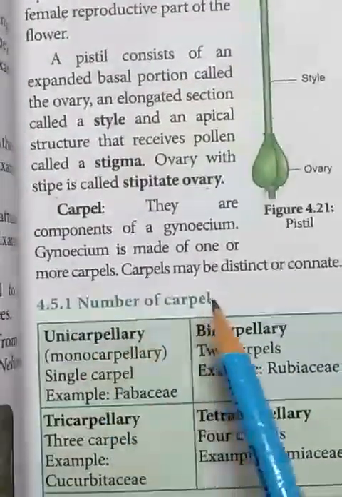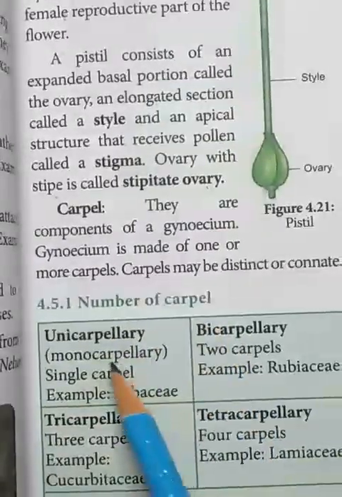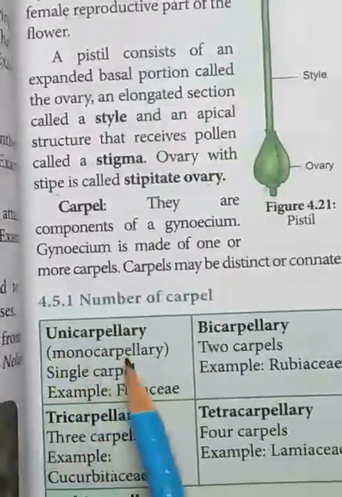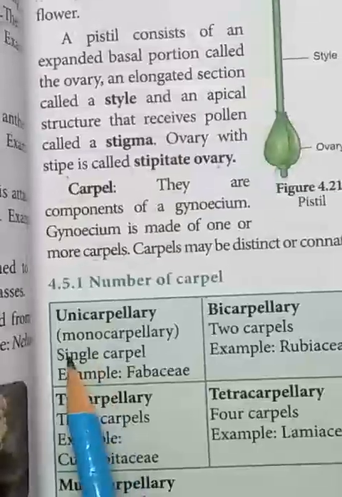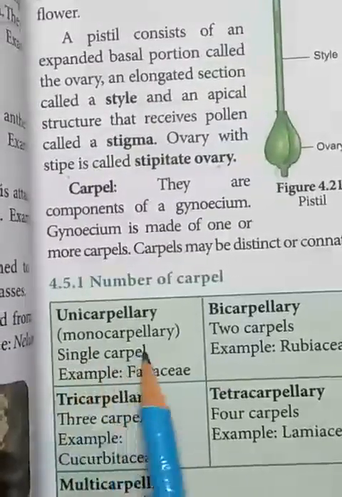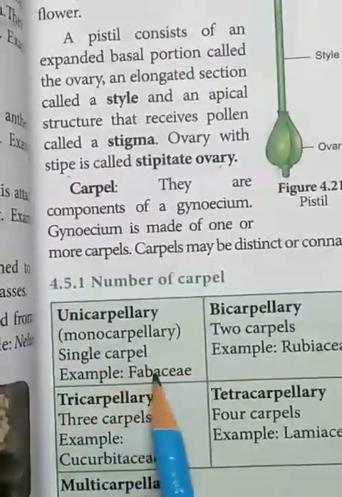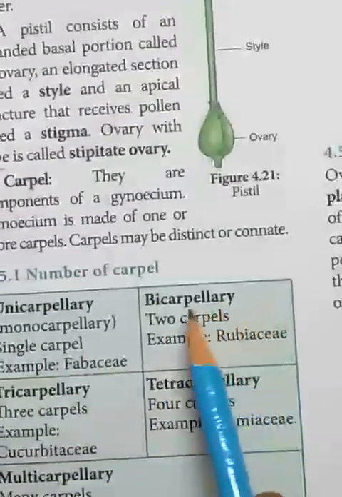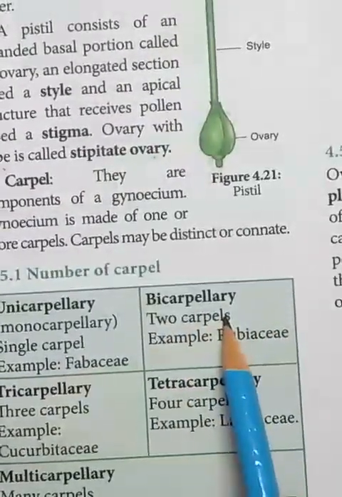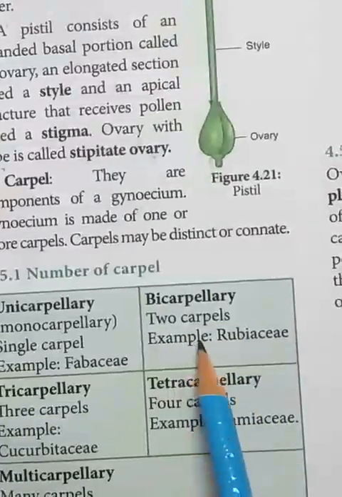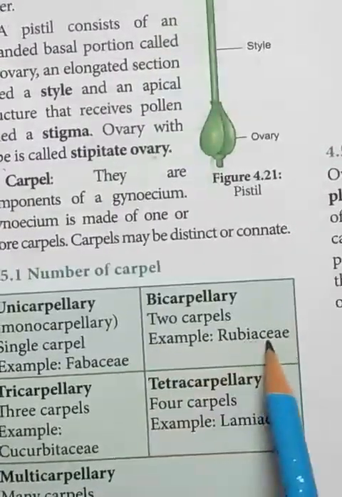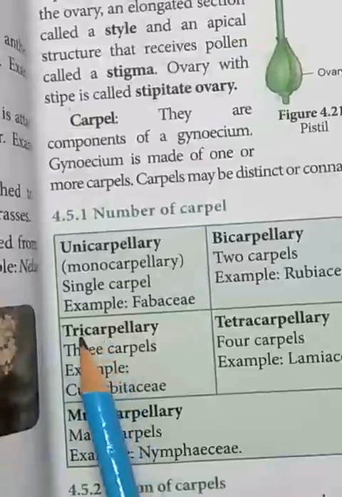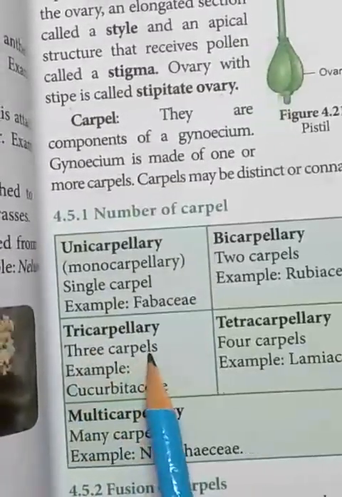Now, based on the number of carpels, they are classified. Unicarpellary means only one carpel is present. You can find this in the members of the Fabaceae family. Bicarpellary, only two carpels are present inside the ovary. This we can find in the plants of Rubiaceae. Tricarpellary, three carpels.